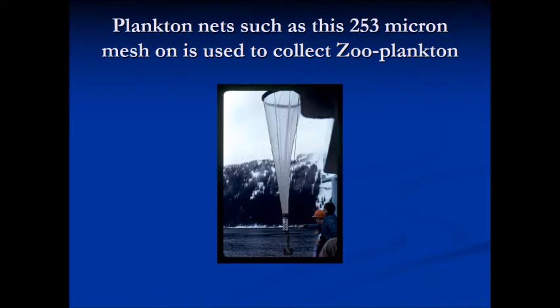Next slide. This is typically what we used to use, a plankton net. This is a 253 micron mesh, which is fairly large, used only to sample zooplankton. And that's what I used today.